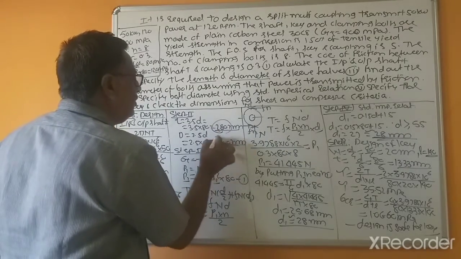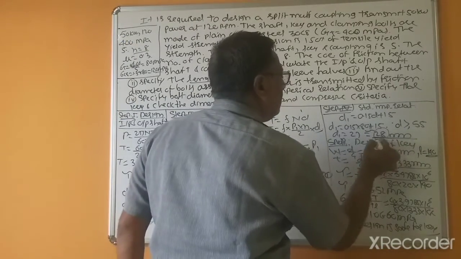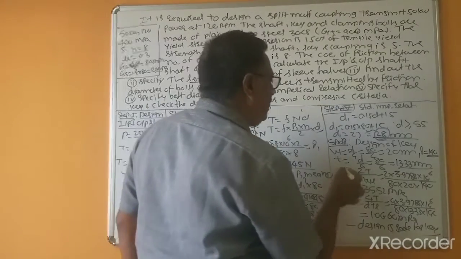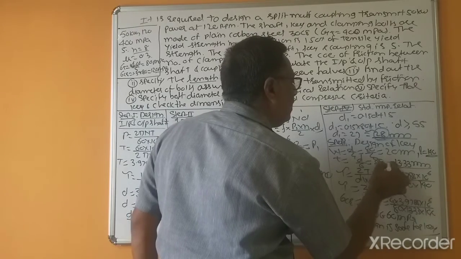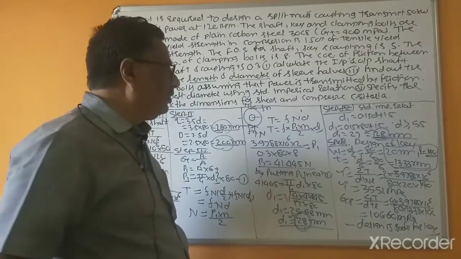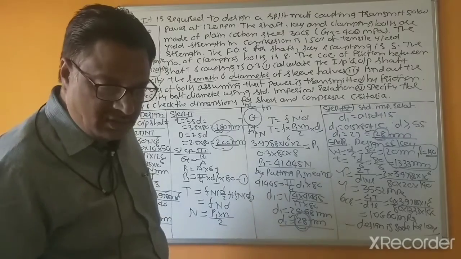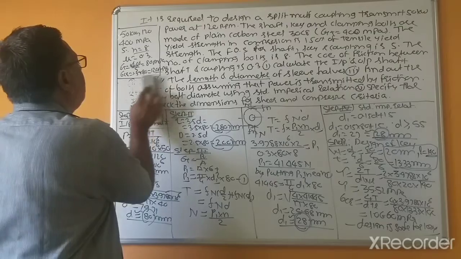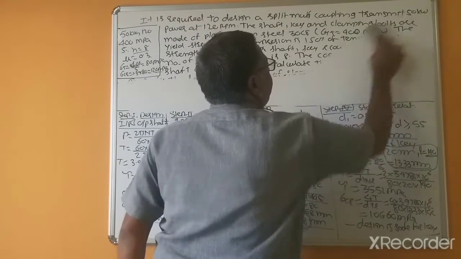D1 equal to 28 mm by using both relations, and 20 mm is the dimension of the key. So these are your required dimensions of the compression coupling. This is the first problem. We'll solve the next problem.